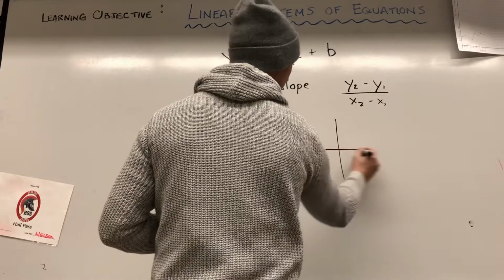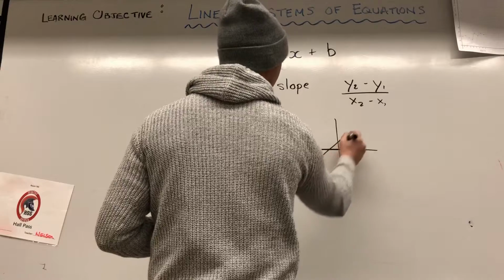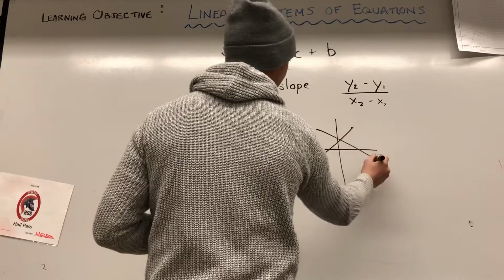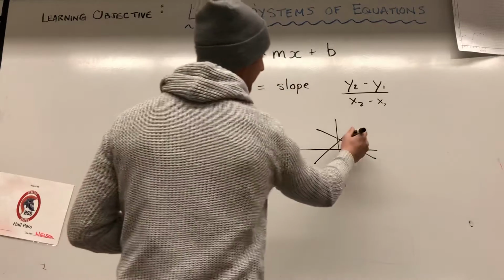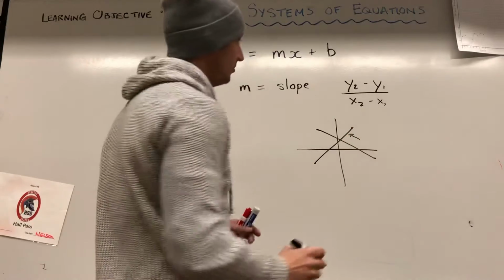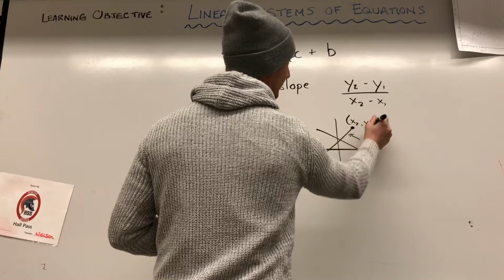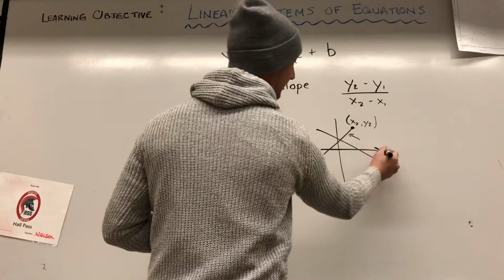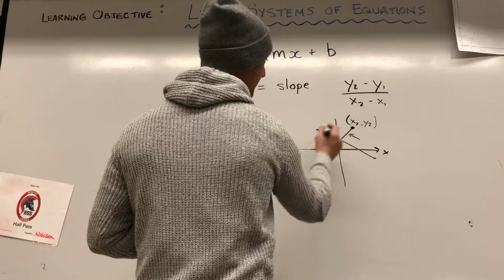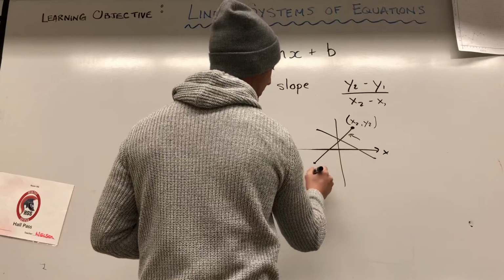So when we're doing this stuff, if we have two different lines like this, for example, if I was doing the slope on this line here, I would take this as my point (x2, y2) because it's further along the positive x-axis, and then this would be my (x1, y1).